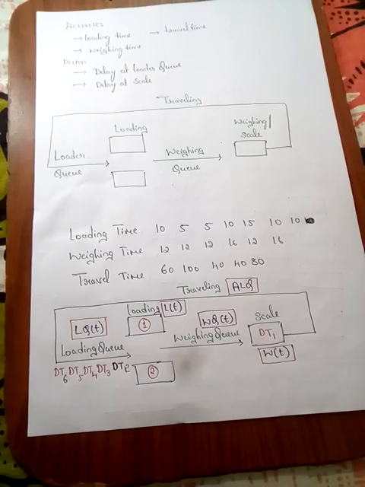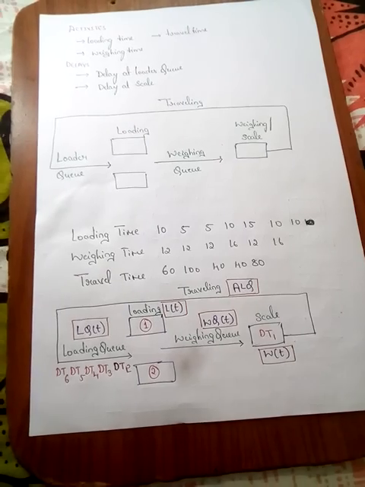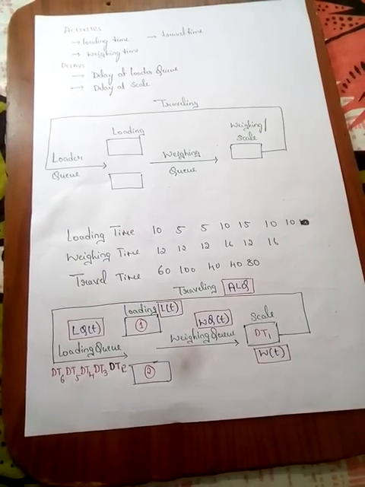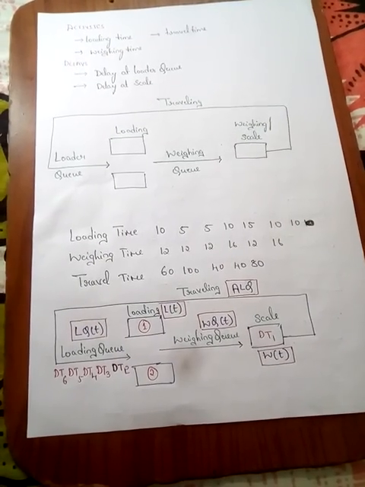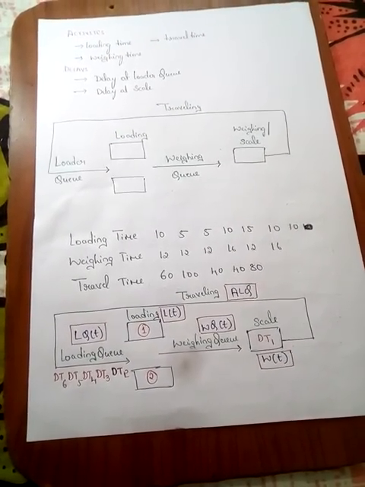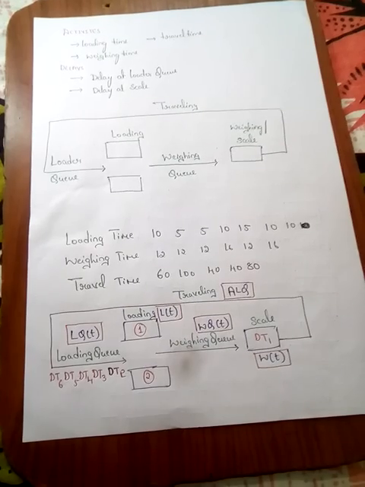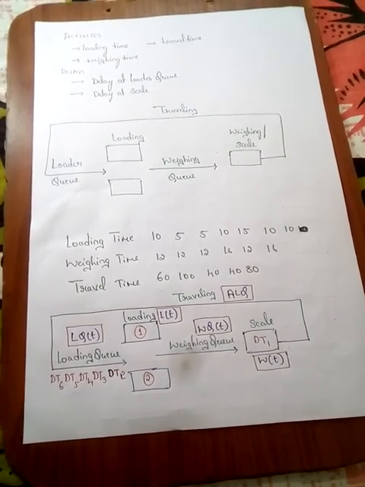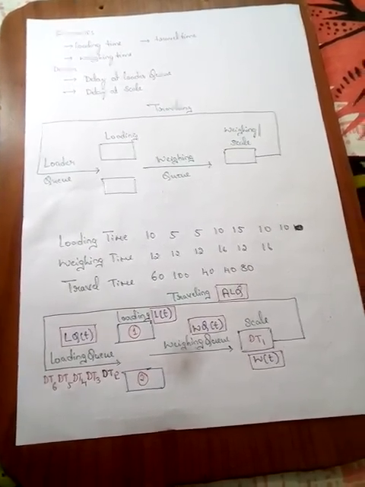Next there are 2 loading points in my loader, the first loading point and the second loading point, where LQ of T represents the loading queue, where we can see many trucks waiting for loading: the trucks DT2, DT3, DT4, DT5 and DT6.